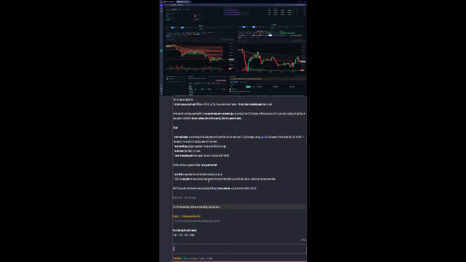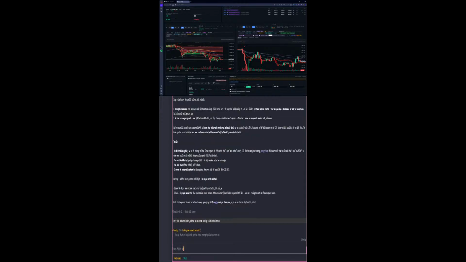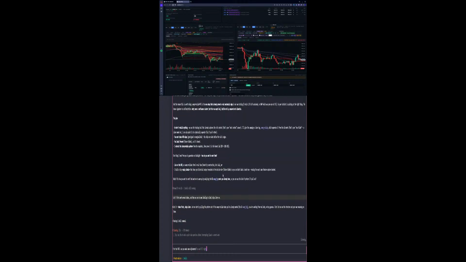For the effigies, can you make some adjustments? Wait, what? So each effigy, right, I have it set so it expires at the end of day, which is how it's supposed to be.